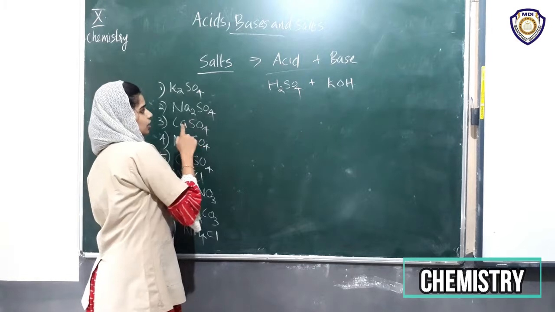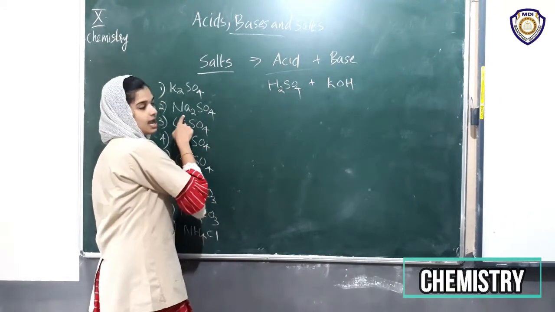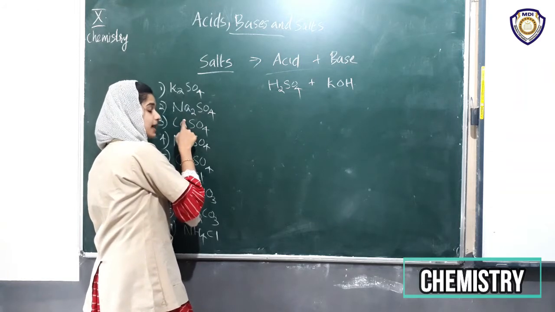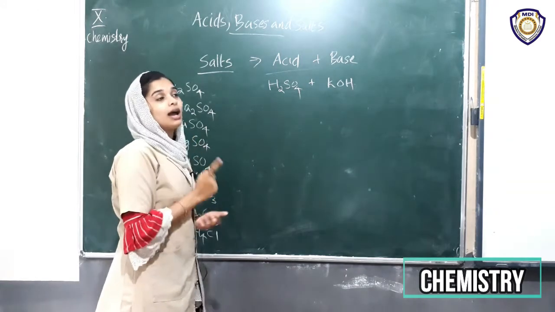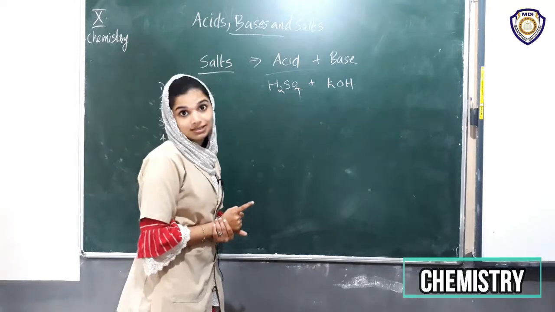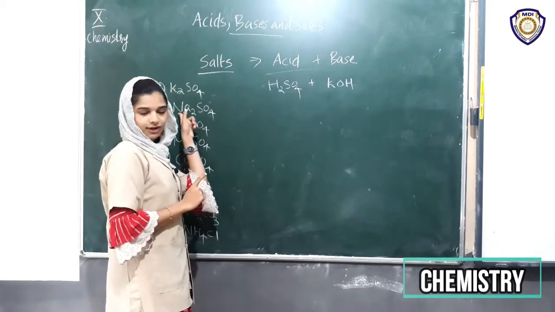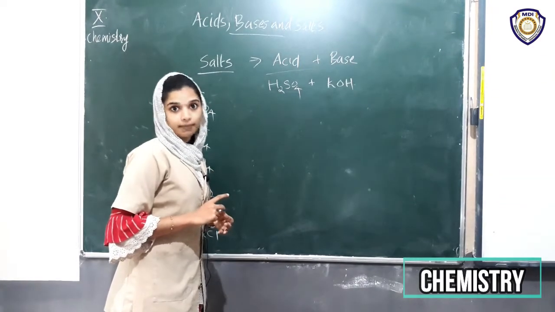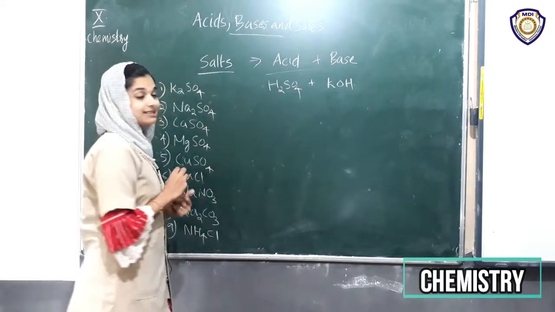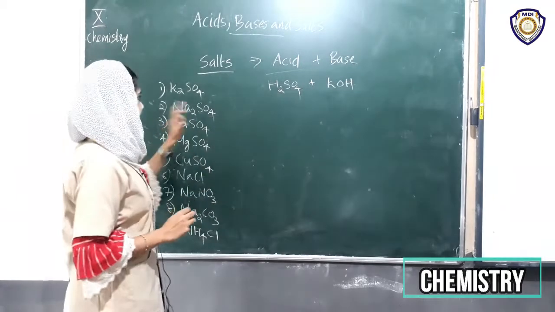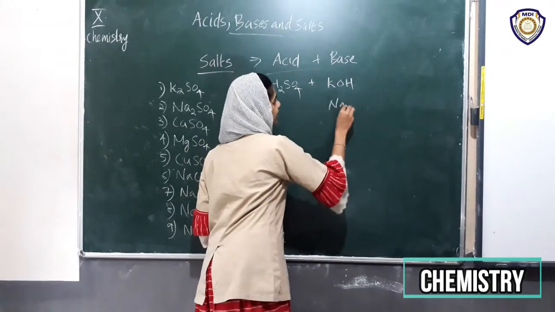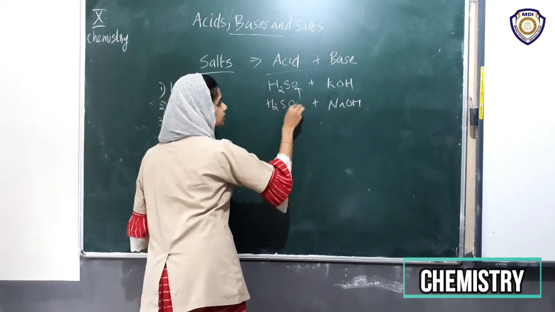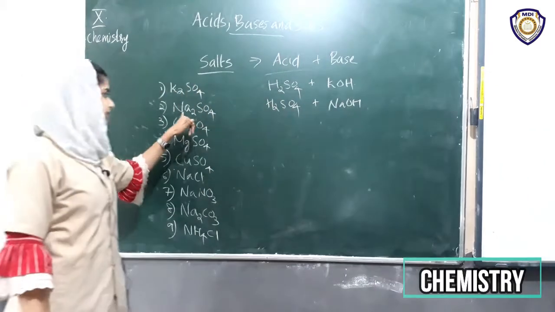In Na2SO4, the positive radical is Na, which came from a base. You all know the common component in a base is OH. So we add OH to the first radical. In an acid, the common particle is H plus. So we can easily write the names of bases and acids. For Na2SO4, NaOH is the base, and again SO4 comes from H2SO4. So this acid and base react to form this salt.